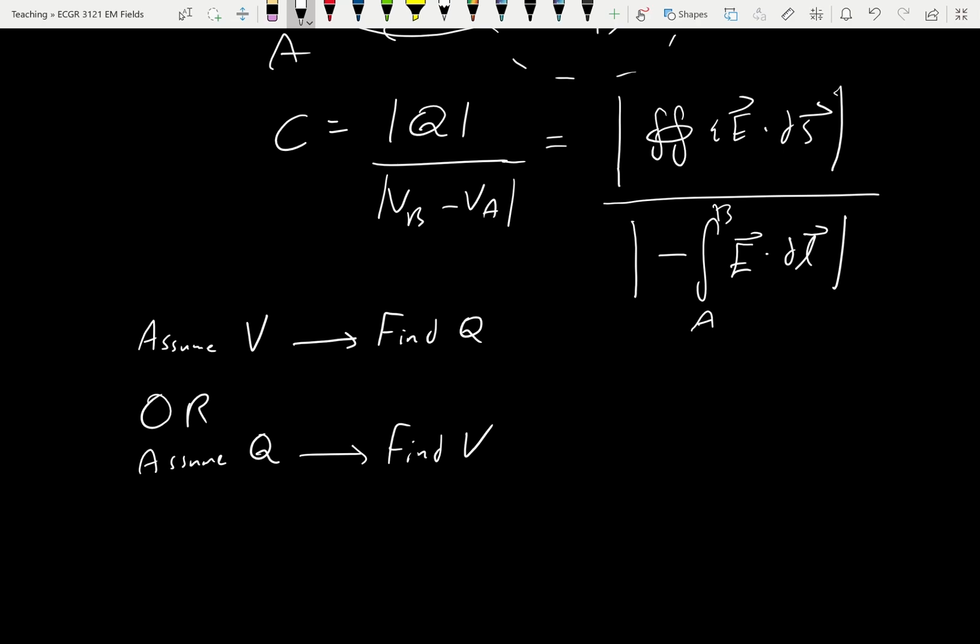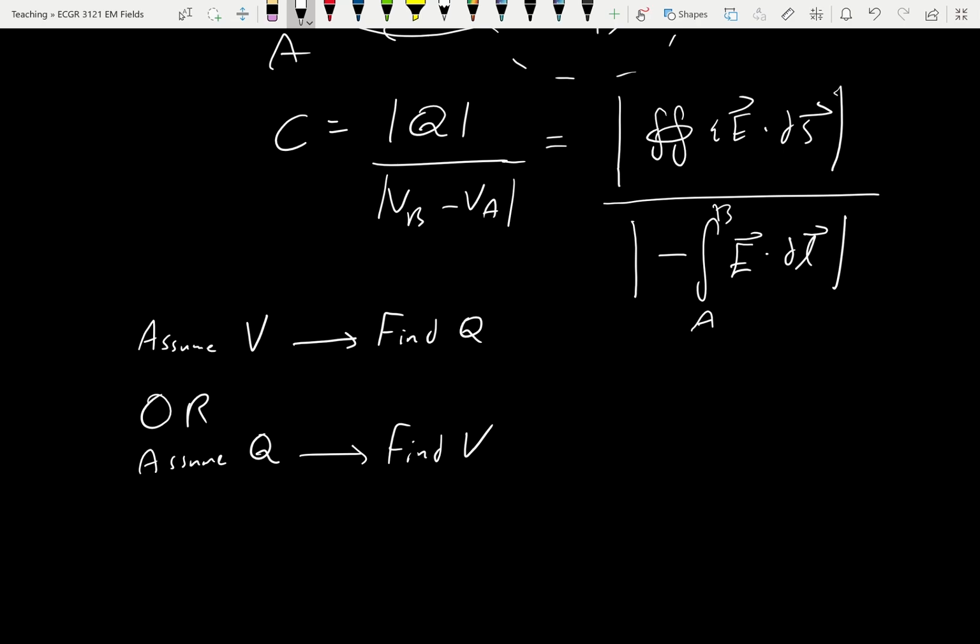That's all it takes to find the capacitance, and it doesn't matter what voltage or what charge we assume.